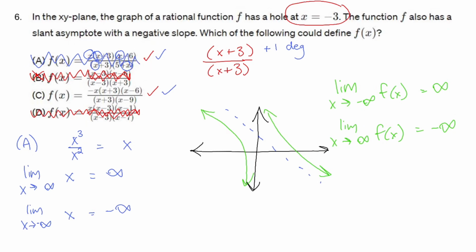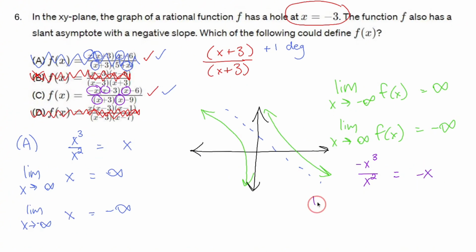Now let me do C and make sure that it works. I have negative x times x times x, so that gives negative x cubed in the numerator, and x times x on the bottom, so x squared in the denominator. That simplifies to negative x.